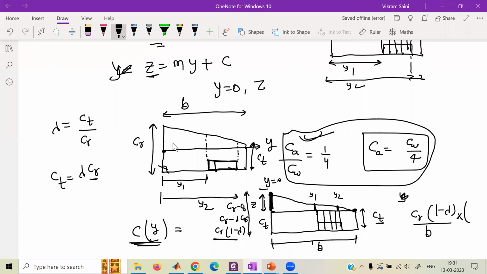Z is this vertical length. Start from here, you go up. So you have 2 points on this line. Z is equal to 0 here, and is equal to this number here, you have c. So c is equal to CR(1 minus lambda).